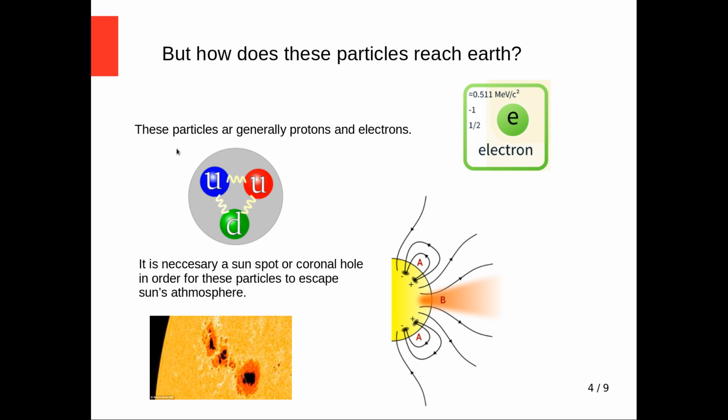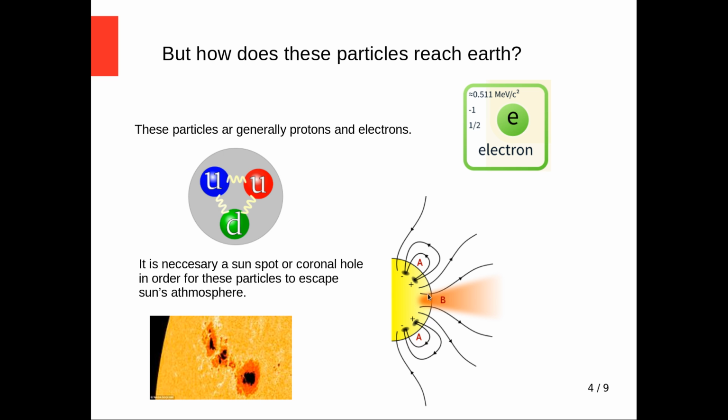But what kind of particles are those that reach Earth? Well, mainly they are electrons and protons that escape from the sun's atmosphere, and they escape because of two phenomena mainly: sunspots, which are red or black spots on the sun's surface, and coronal holes.